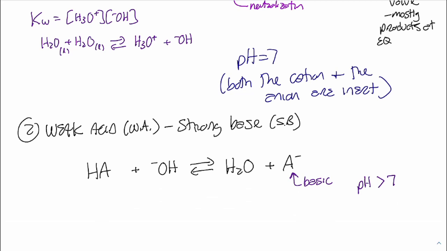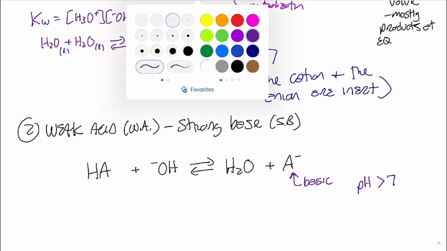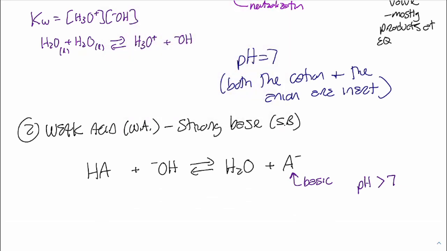It's the anion from my salt. It's a neutralization reaction. So the anion from my salt reacts with water to produce hydroxide ions and a conjugate acid in that case. Kn for this then is going to be the product of the equilibrium constants for the two reactions that we add together to get this net equation, which is kind of a mouthful.